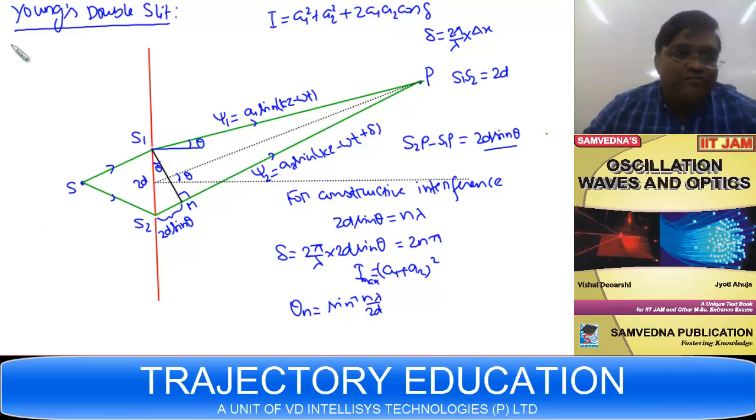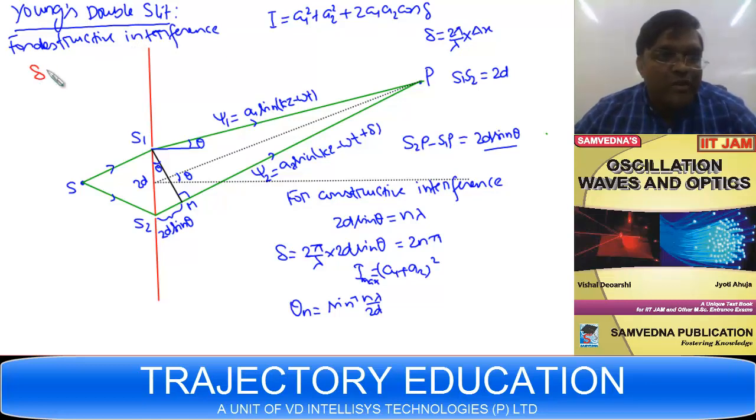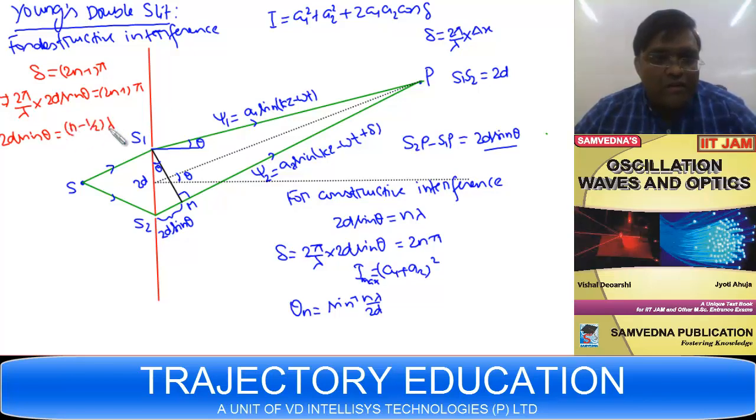For destructive interference, delta should be equal to (2n minus 1) pi, an odd multiple of pi, so 2d sin theta equals (n minus half) lambda.